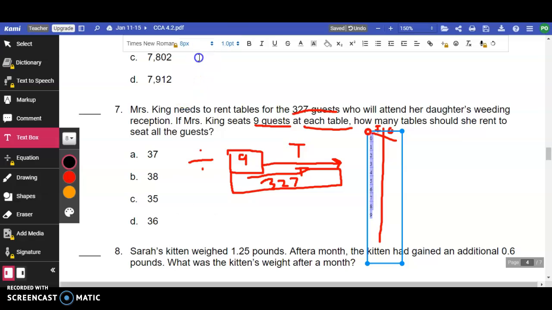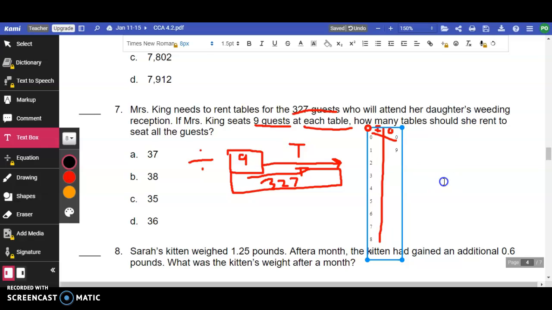Okay, so we'll have to do this. Okay. So when we go from this side to this side, we are saying 0 times 9 equals 0. 1 times 9 equals 9.